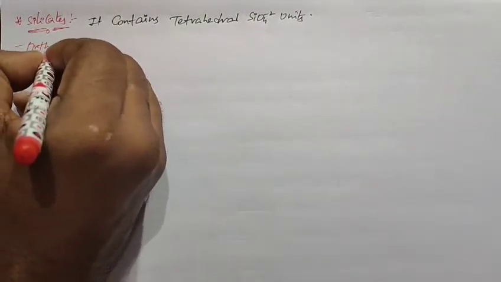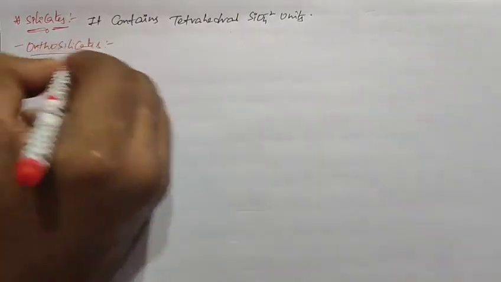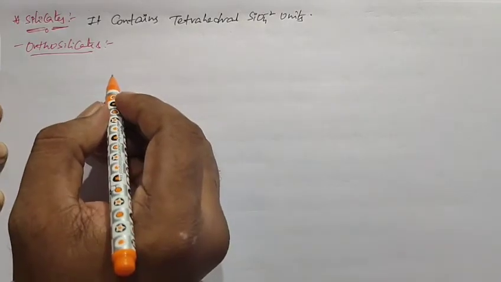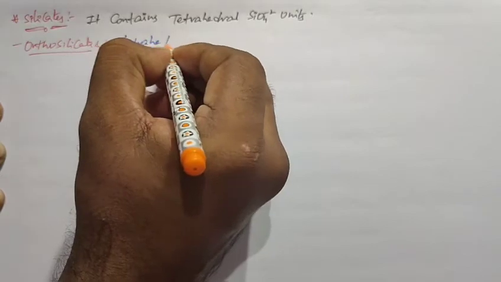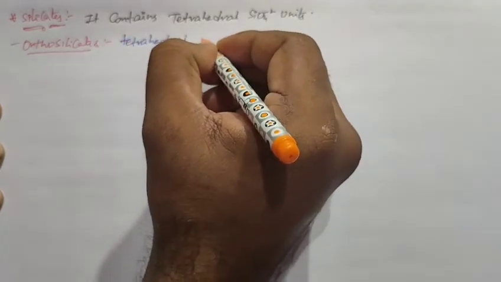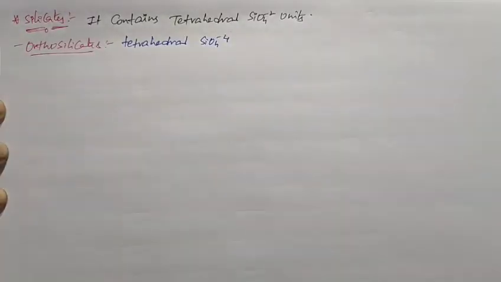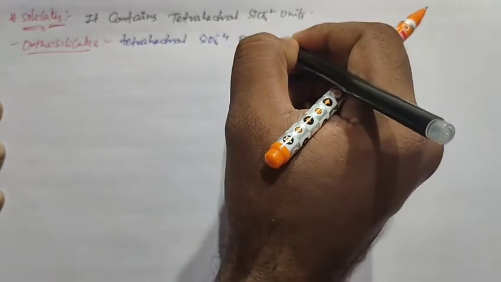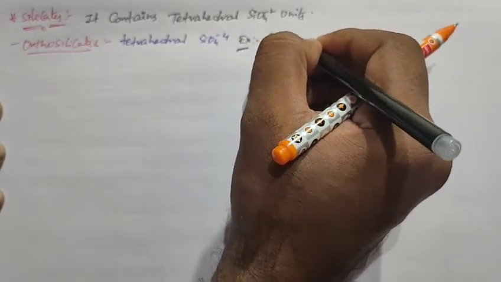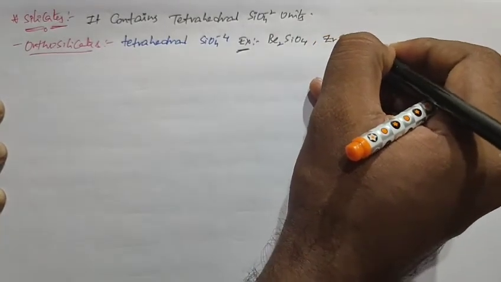First are orthosilicates. Orthosilicates contain tetrahedral SiO4 4- units. Examples of orthosilicates are Be2SiO4 and ZrSiO4.